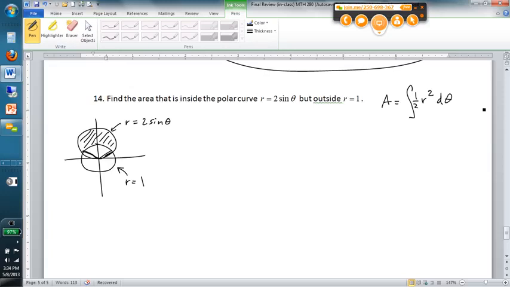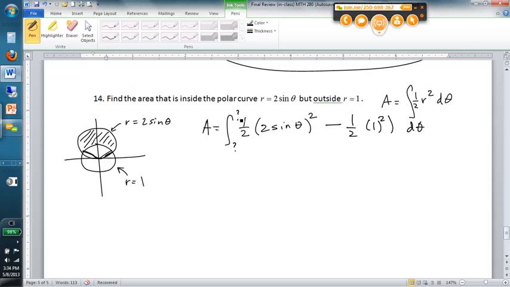Okay? So for this one, I want inside the 2 sine theta, so it's going to be 1/2 the 2 sine theta squared minus the 1/2 of the 1 squared, which is going to be nice, isn't it? The only thing that remains is, what about my limits?